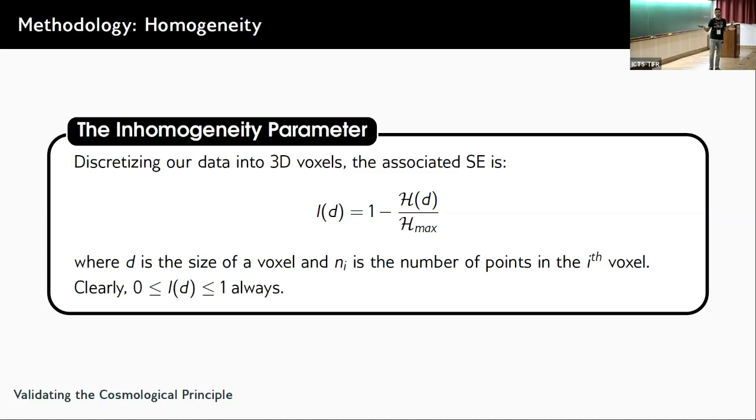And we have a lot of such boxes. We calculate the entropy for each of these voxels, and then we add them up for a specific size of voxel, and then we increase the size of the voxels. So we get this inhomogeneity parameter as a function of voxel size, right?